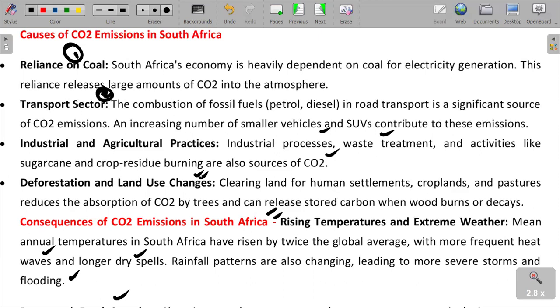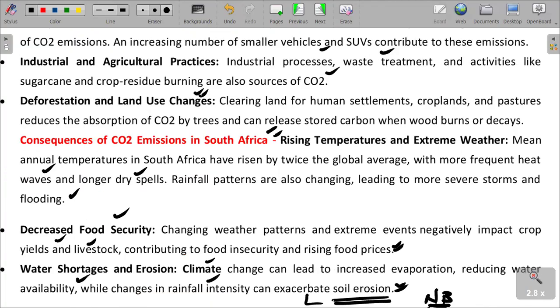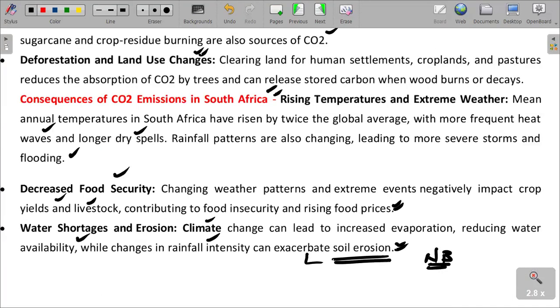This has been mentioned again in the initial introduction of the subject. And then the consequences or the effects of carbon dioxide in South Africa: we have rising temperatures and extreme weather conditions, which actually result in mean annual temperatures in South Africa that have risen beyond normal levels, resulting in very high global average ranges with more frequent heat waves.